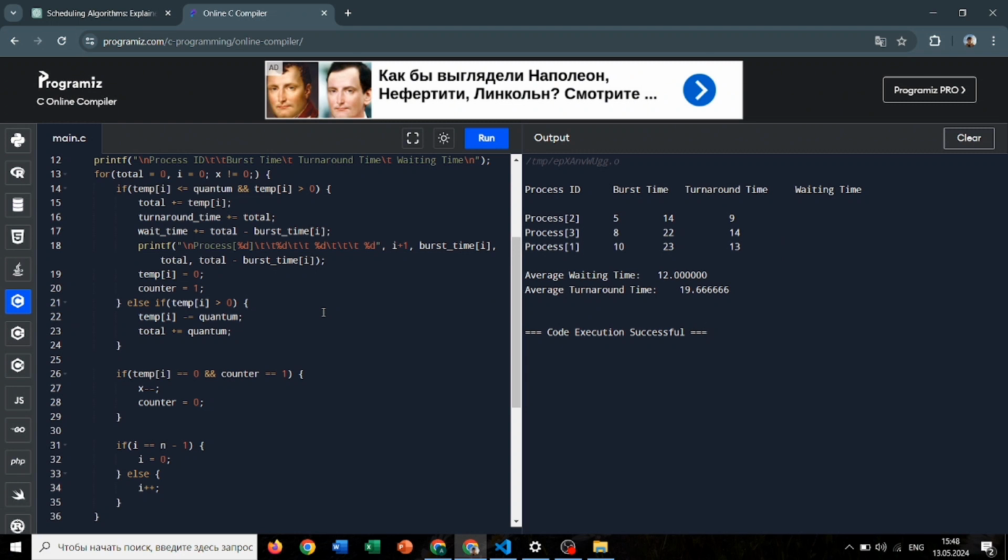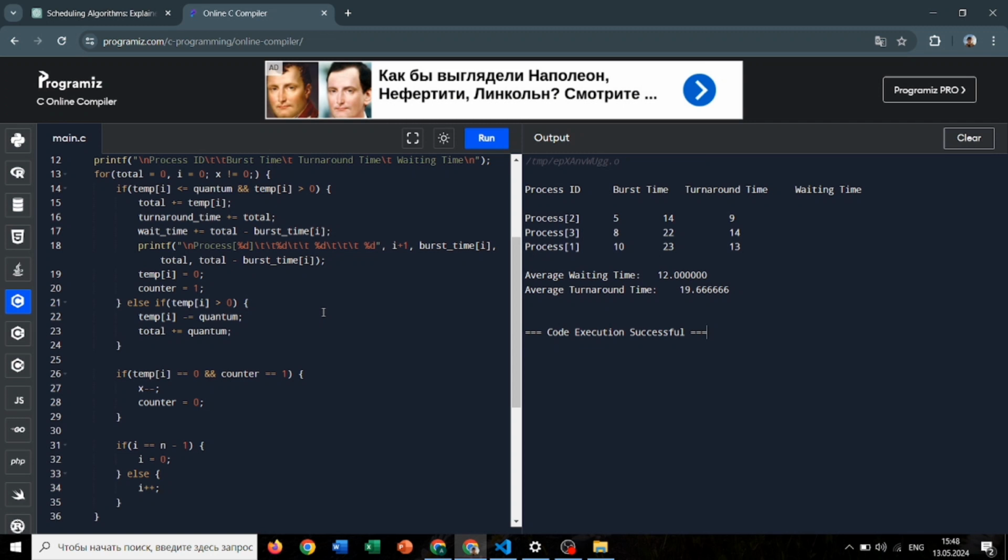Okay, and this is the quantum check. Processes that do not complete within one quantum are reduced by the quantum amount, and total is updated accordingly.